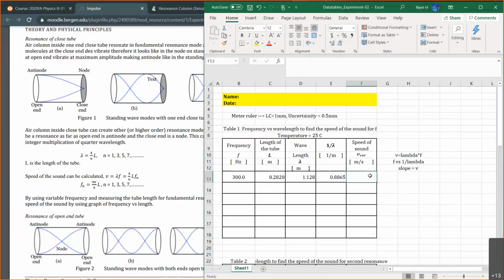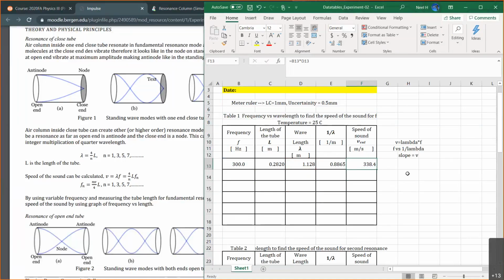And let's calculate the V. So V is F times lambda, right? So let's do that. F 300 times lambda. So I get 338. Now you can see this is at 25 degrees, right? I have to find the corrected one. Let's do the temperature correction. You remember the temperature correction we have to do? So let me write it down.